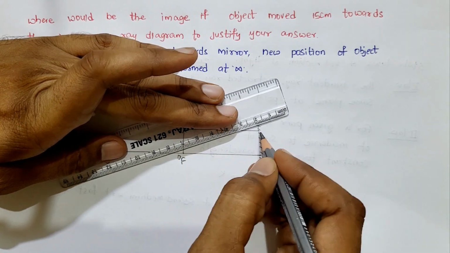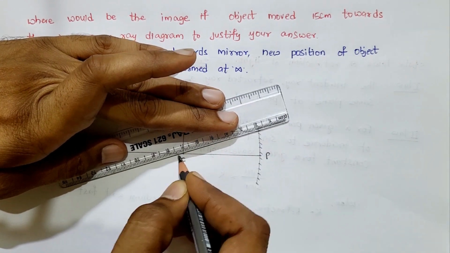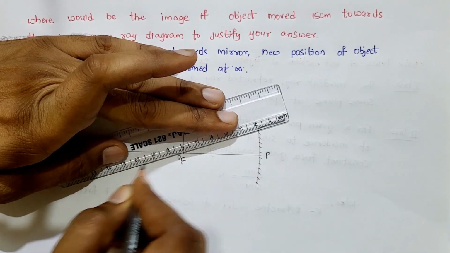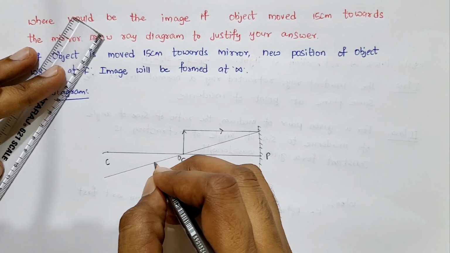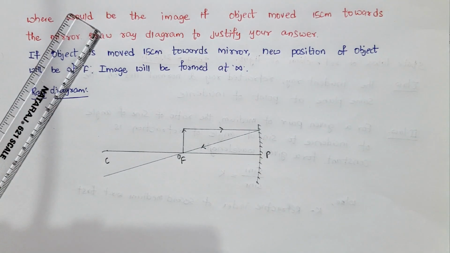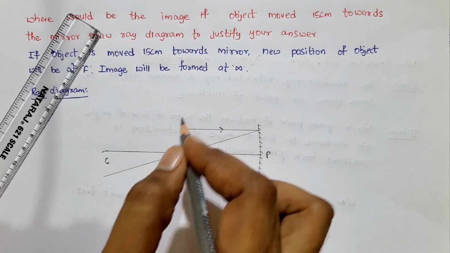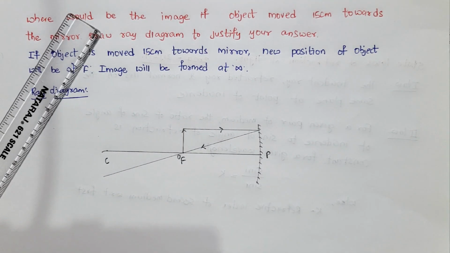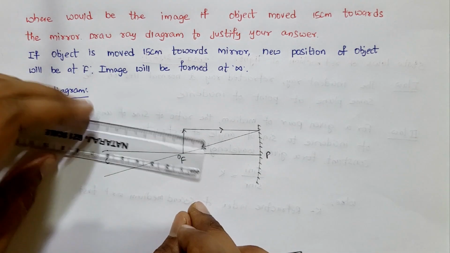So, make sure this point and the focus are coinciding, right? So this is the reflected light ray. We need one more light ray to form the image. Which shall we take? We can take obliquely through pole. We can't take through focus now, correct? Or else we can take through center of curvature also. I'll take obliquely through pole.